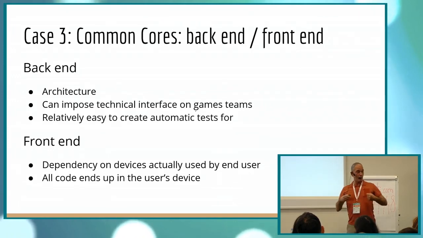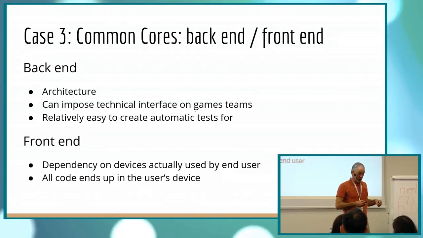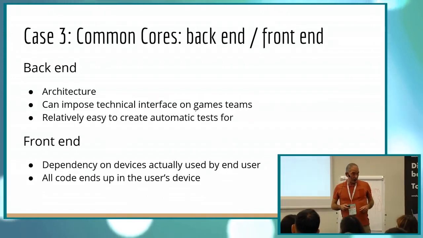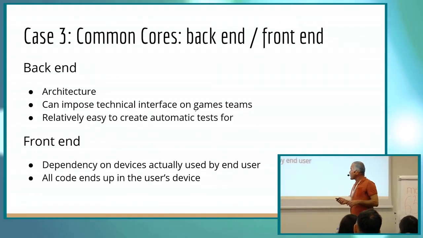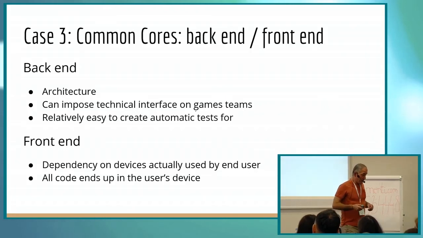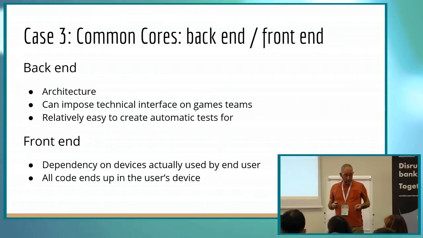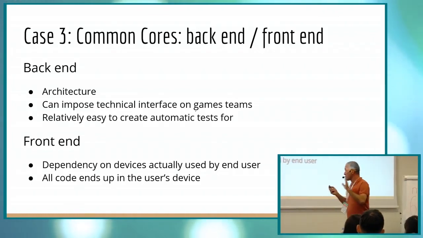You have to comply with what we demand. That's a different way of communicating than just talking with people. Then it's relatively easy to create automatic tests for a backend. So typically, on the backend and in platform teams, they don't even have QAs. I'm not sure that it is a good idea, but that's the reality.